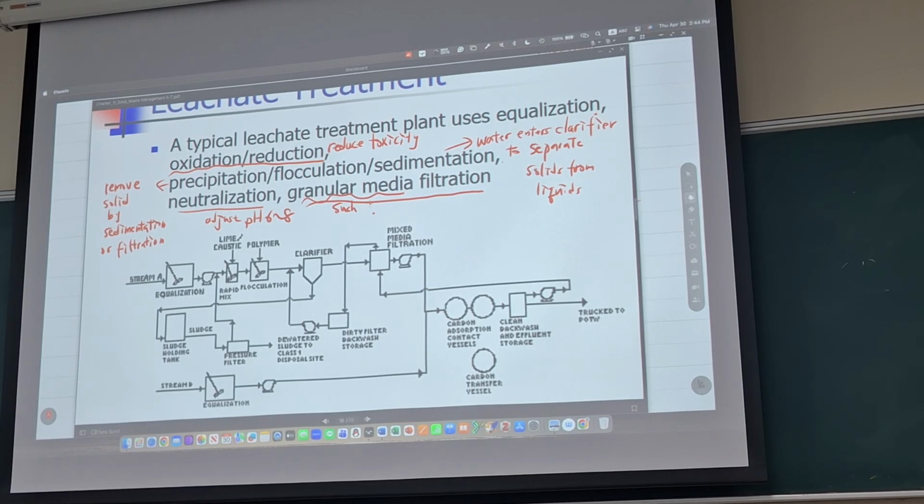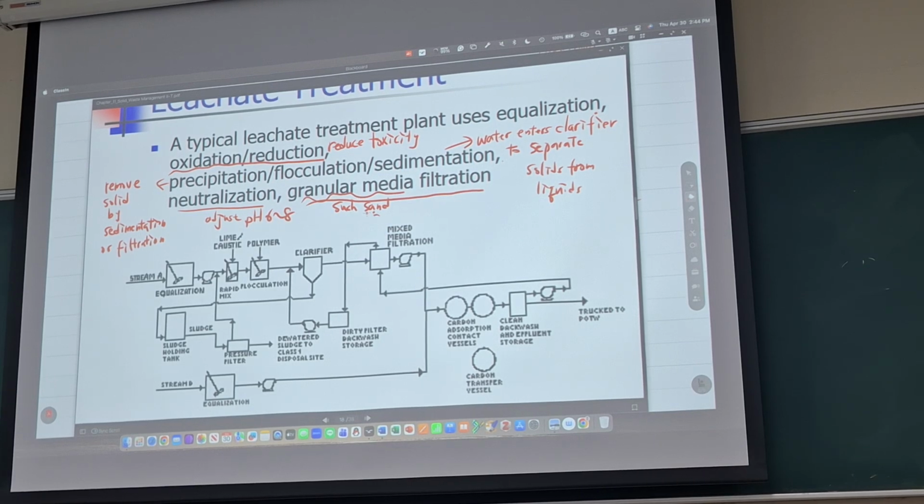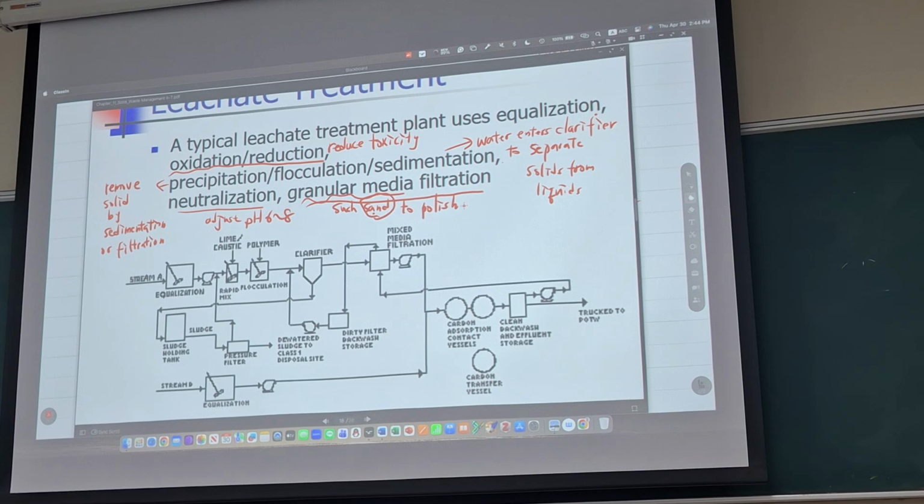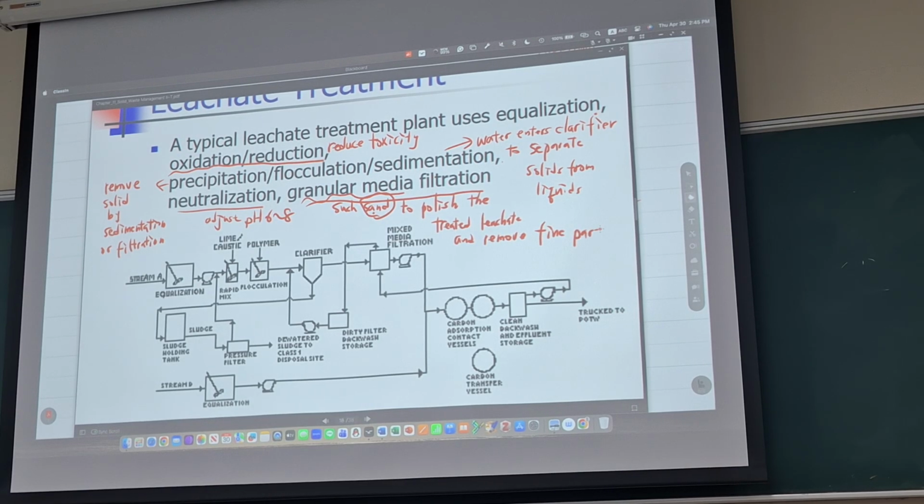Such as sand, 沙子. The purpose is we try to polish the treated lithium and remove fine particles.